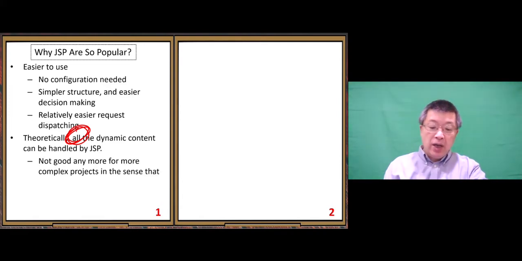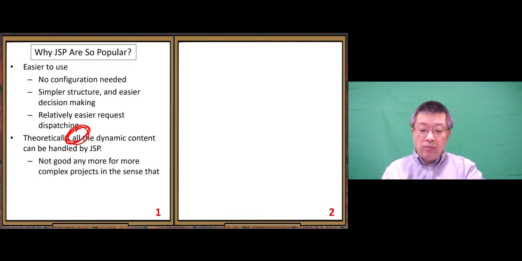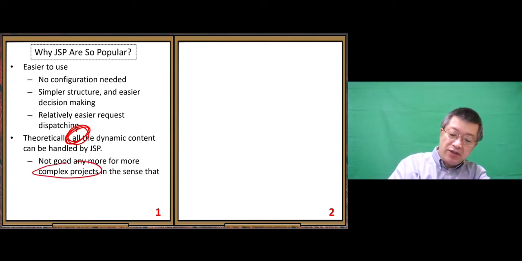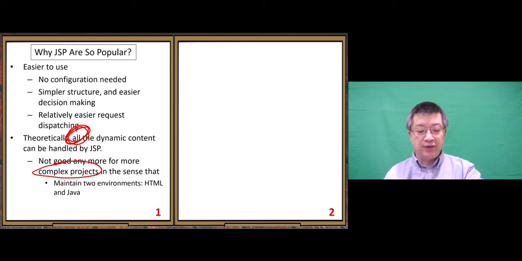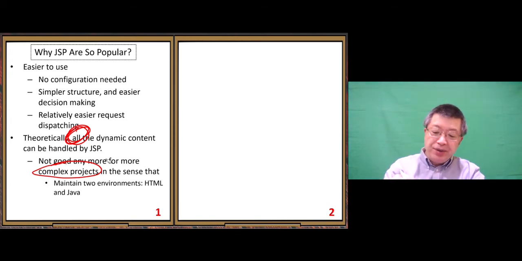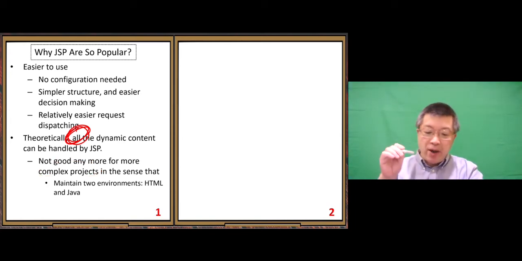It is not good for more complex projects, in the sense that here I give you 2 reasons. That all-JSP way is not a good way. The first reason: you maintain 2 environments, HTML and Java.